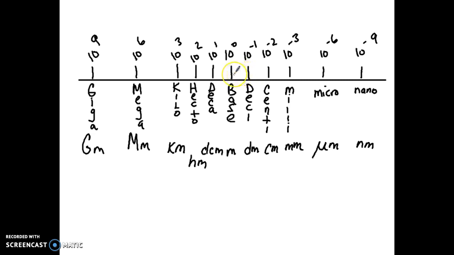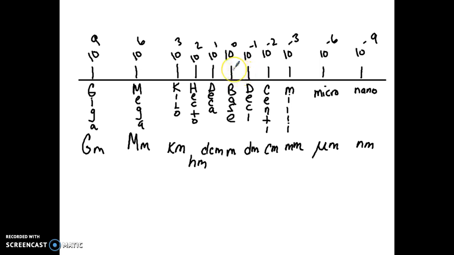Well, 1 meter is 10 times larger than 1 decimeter. Or you could say it the other way. This is why it's a little confusing, because you could say the perspective is the deci, and that 1 decimeter is 10 times smaller than 1 meter. But here, we're going to say, if I have 1 meter, what is that equivalent to if I convert it into a decimeter?